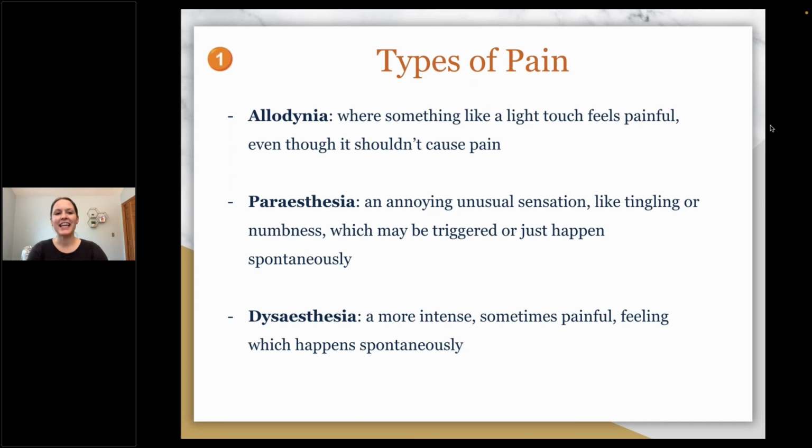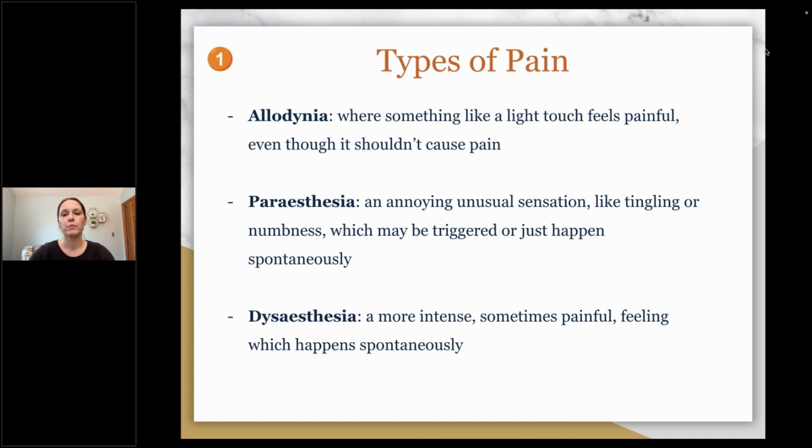Paresthesia. This is a phrase that I personally feel like gets thrown around a lot. If someone has any type of numbness, tingling, burning, itching, people just say, oh, I have paresthesia. And that might be true, but paresthesia specifically is normally an annoying, unusual sensation, so like tingling or numbness, and it can be triggered by something, or it can happen spontaneously.